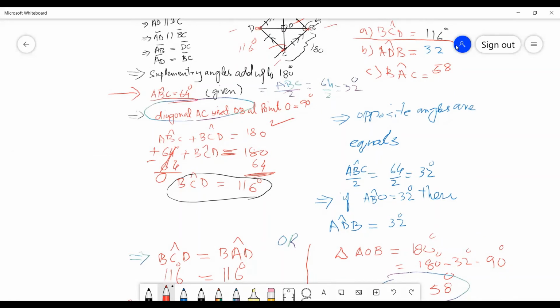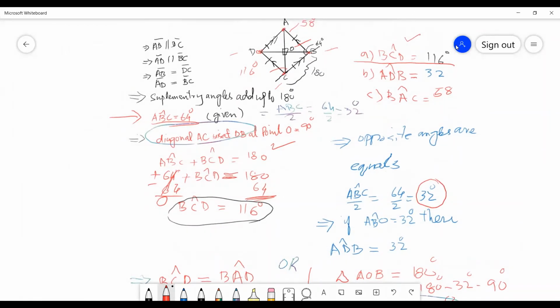This 64 should be divided by 2, then the required angle is 32. And our required angle is ADB, because ADB is opposite to angle ABO, and ABO is equal to 32 also. So angle ADB is equal to 32.